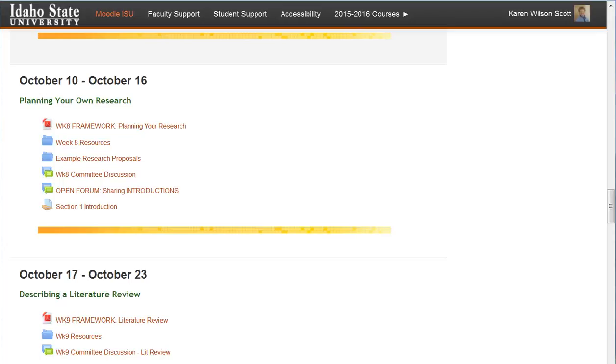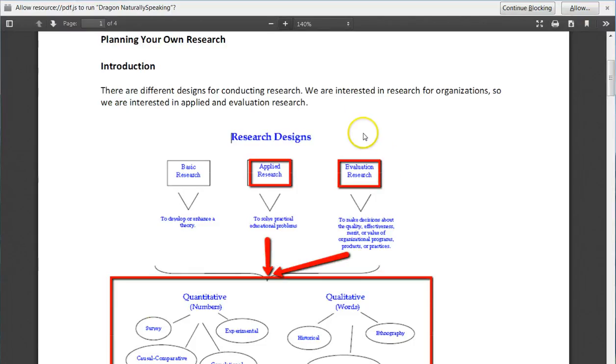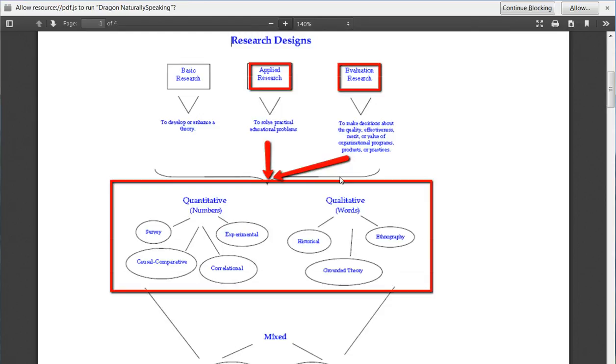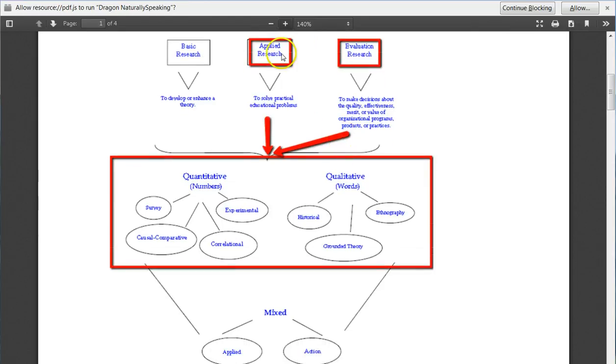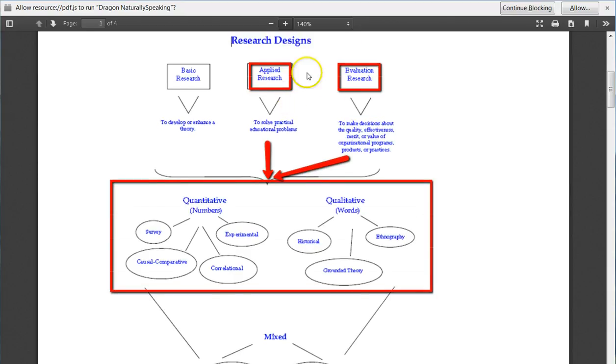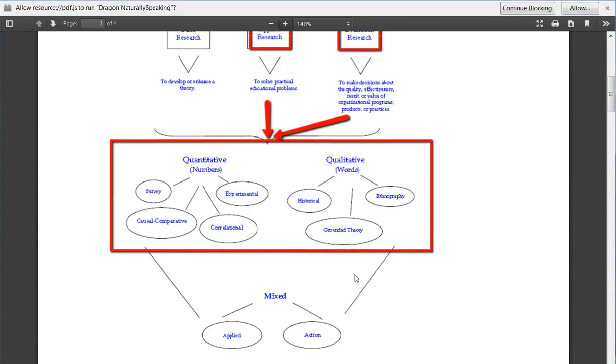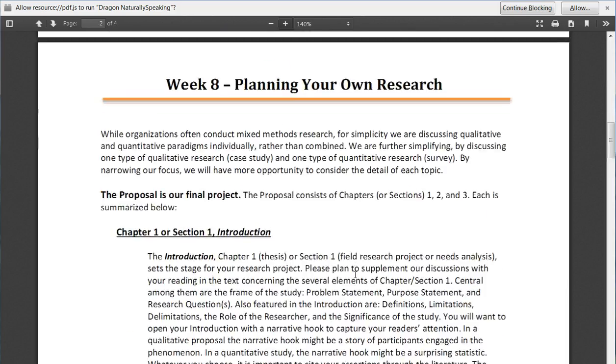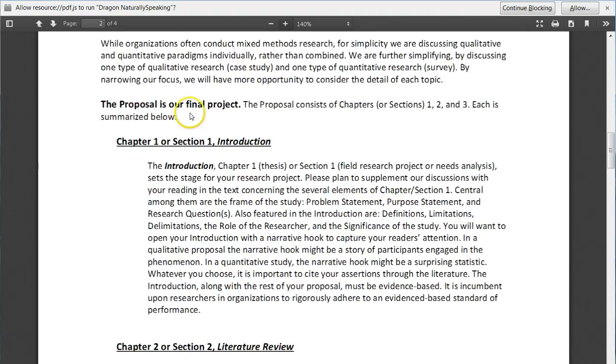All right, let's take a look real briefly at our framework for this week. So there's a lot here, and again, remember we're taking a 20,000 foot view. We're stepping back, we're looking at the qualitative and quantitative designs, and then we're looking at what's in the proposal.